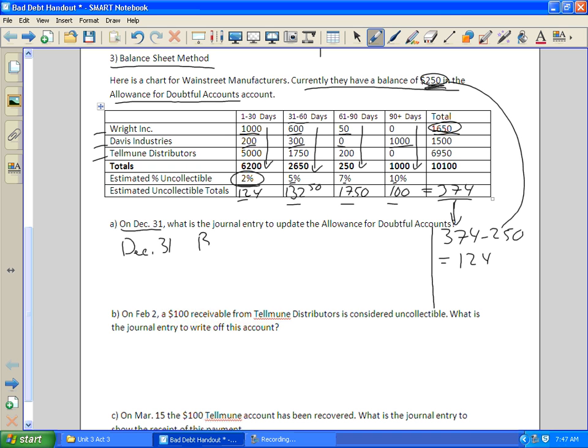So on December 31st, the journal entry to update the allowance for doubtful accounts will be: December 31, bad debt expense is your debit. Your credit is going to be, again, allowance for doubtful accounts.